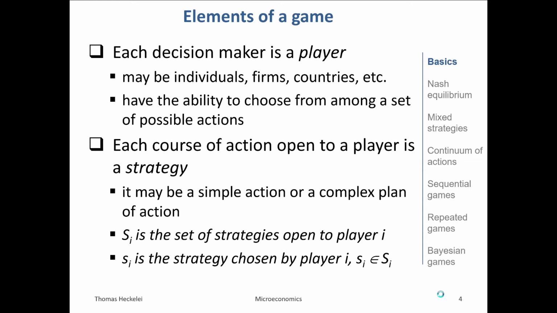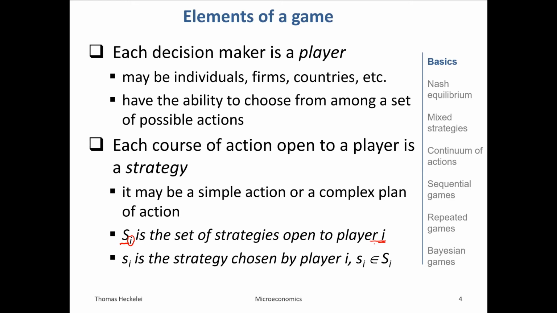So usually the set of strategies open to player i, or what he or she can choose to do, is denoted as the capital S with an index i for player i.